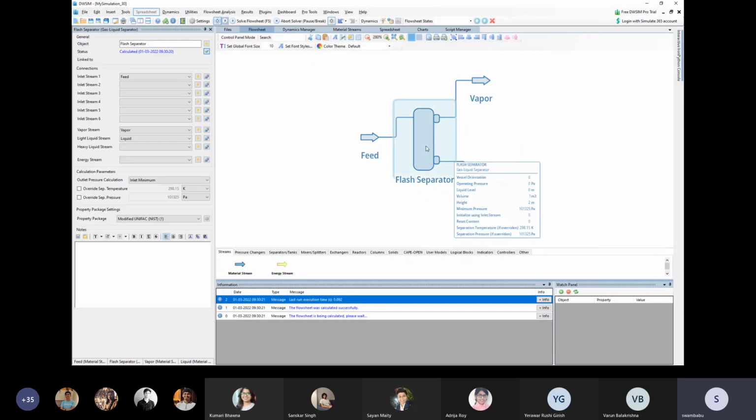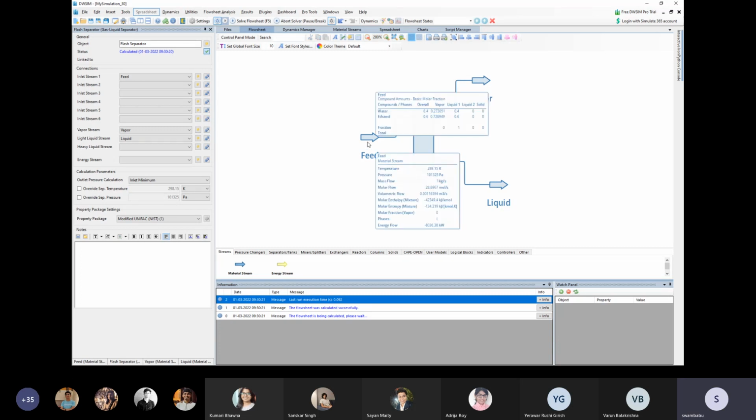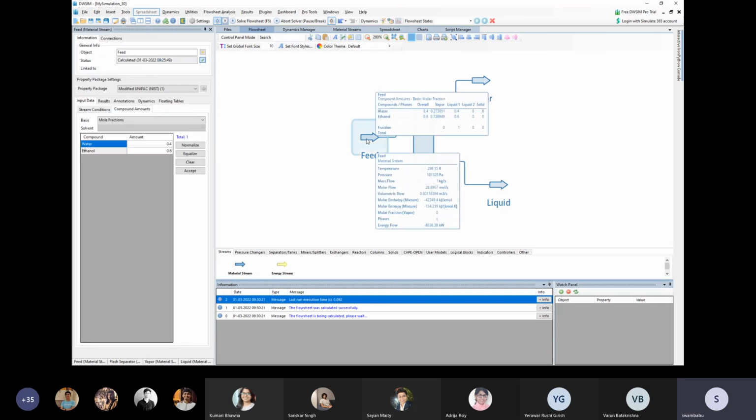Now, if you see in the flash separator, we have defined the pressure to be atmospheric pressure. By default, it takes atmospheric pressure. Now, I have feed.